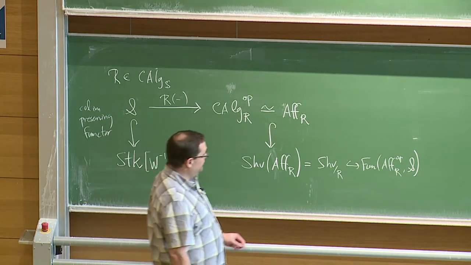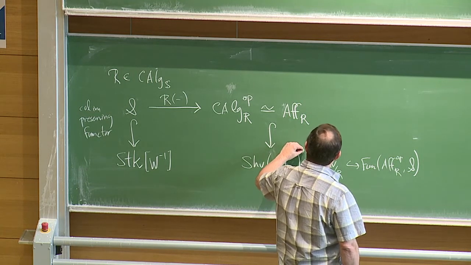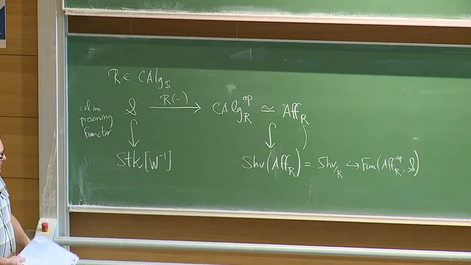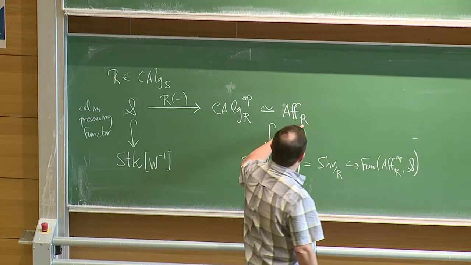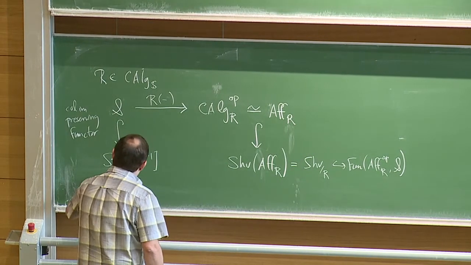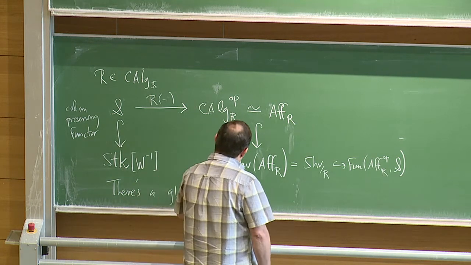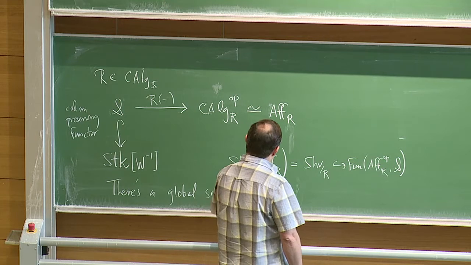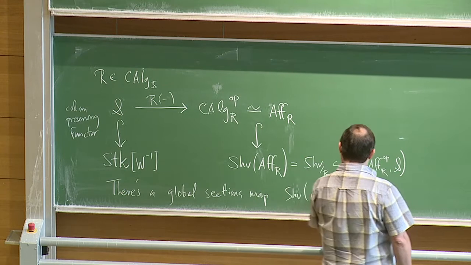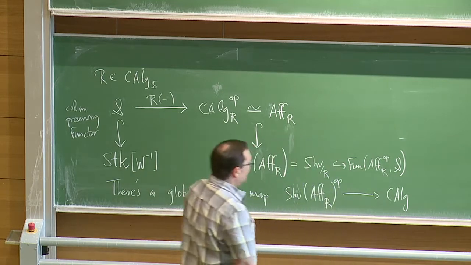Now, we have this thing, and there's a map going back, which is taking the global sections, or the affinization map. So let me just say there's a global sections map from sheaves on commutative R-algebras down to this. Let me put an op there.